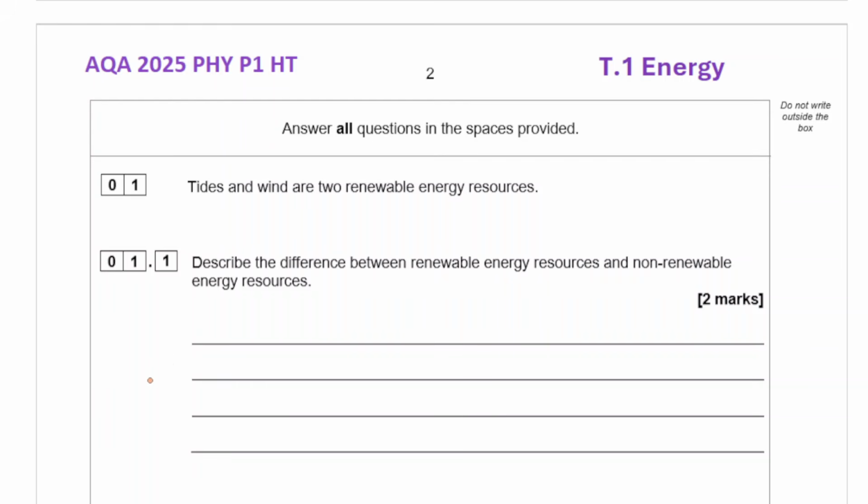So, renewable energy resources can be replenished, meaning that it can be replaced.